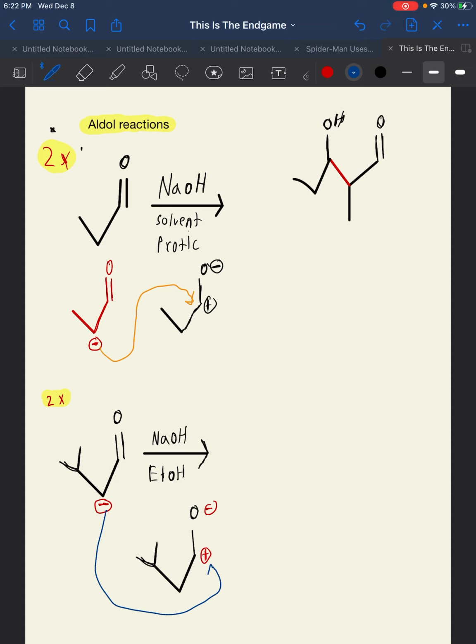The nucleophile can come in and attack that electrophile, giving you your product. New bond in red. And that's your aldol product.